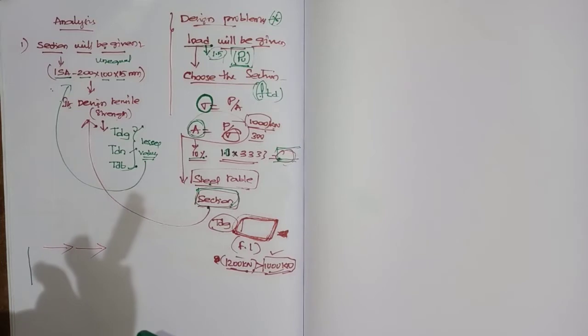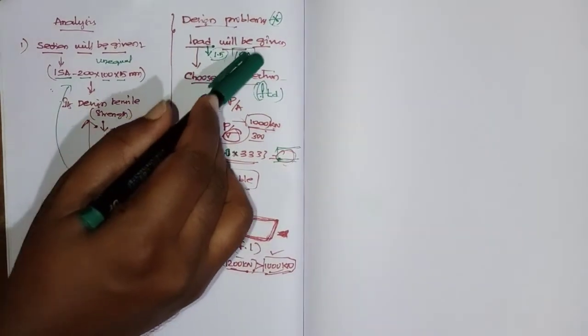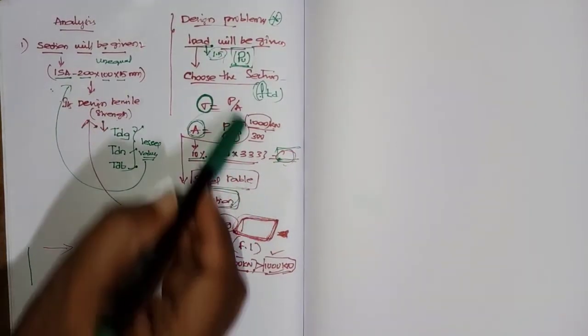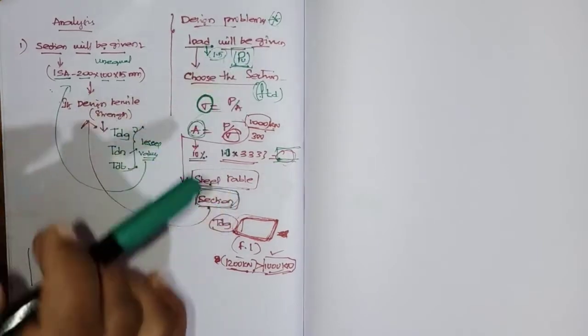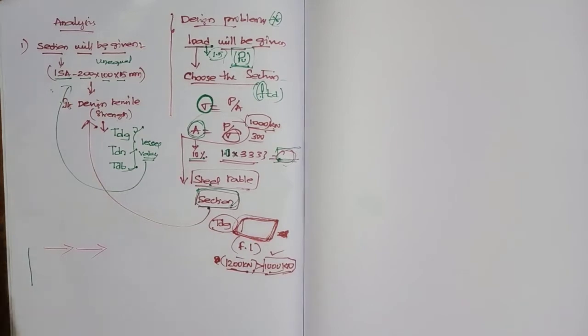You will have different design aids. Based upon those design aids, you assume a particular value, obtain the strength, and check it against the load given. If the strength obtained is more than the load, then our design is perfect. Now we'll solve one more analysis problem, then we'll move to the design problems.